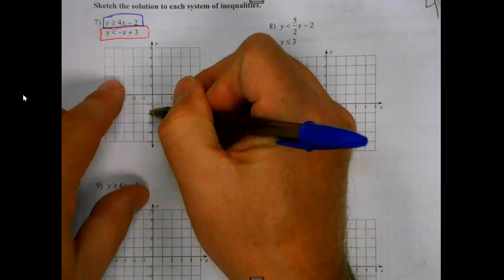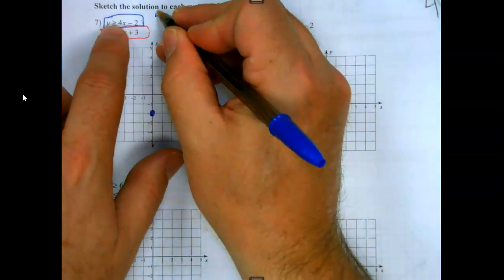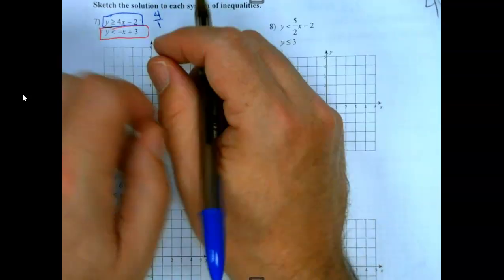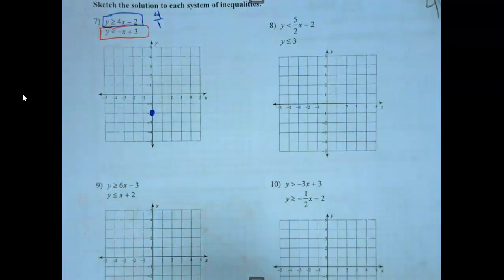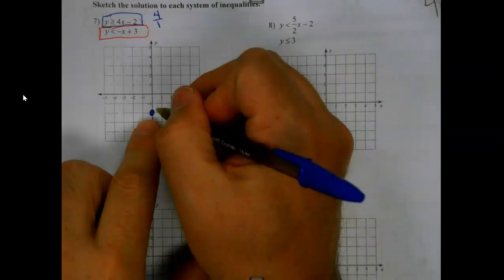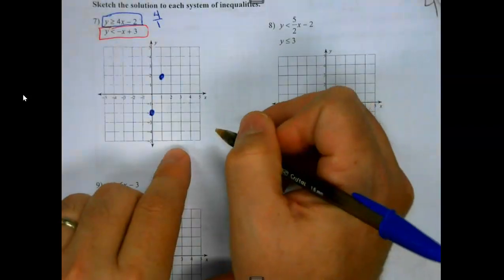So -2 is my y-intercept, my first point. My slope is 4/1. Make it a fraction. So I get that second point.